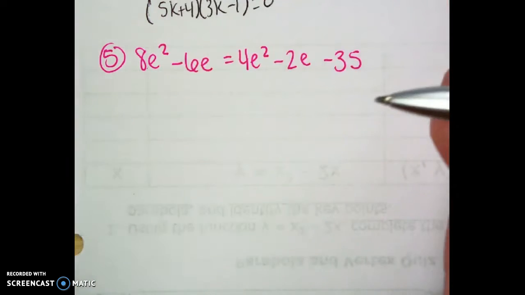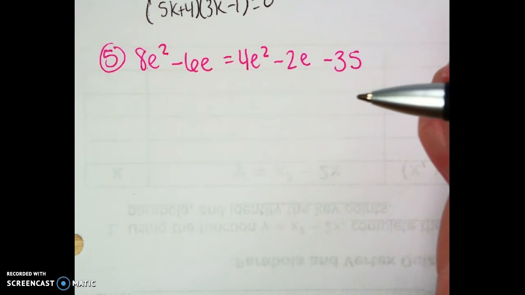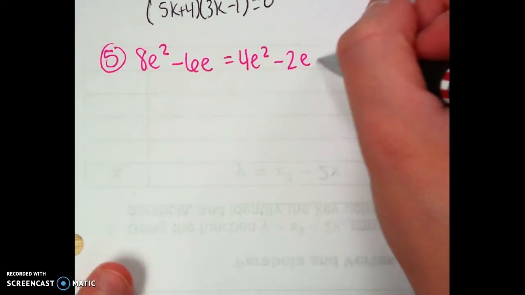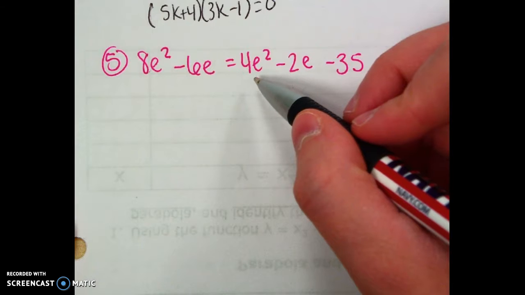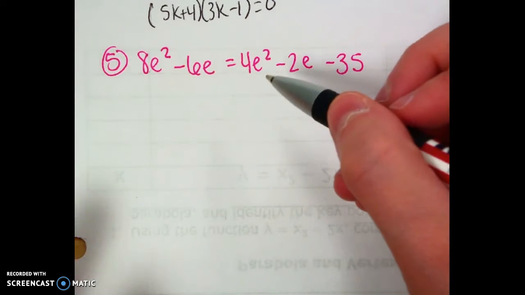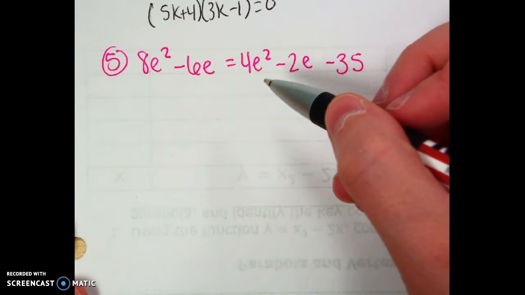Okay, I am going to, let's see, I guess I'll move this stuff over this way because I don't want to deal with a negative coefficient with the e squared. But if you did, you still should get the same answer at the end of it.